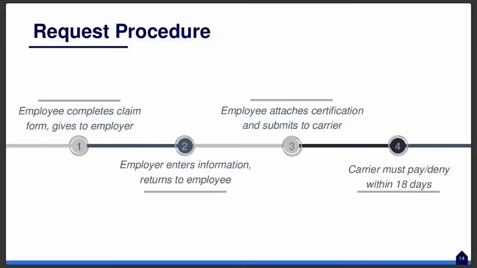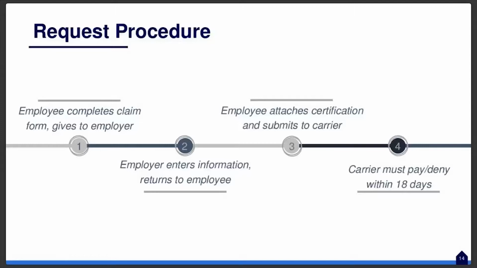Theoretically, they could go directly to the insurance carrier or just get the forms through whatever mechanism is set up for them to get them, and they could even go online and get forms, which we'll talk about. But the employee is expected to complete part of the form, then give it to the employer, who then completes additional information and returns it to the employee.